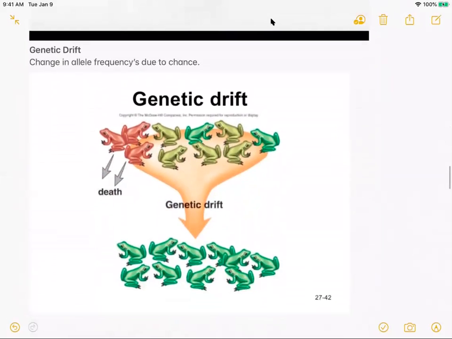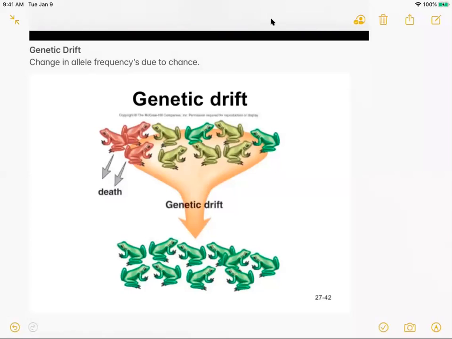Then briefly talking about genetic drift. This is a change in allele frequency due to chance. A good example of this is the bottleneck effect. Let's say you have animals in a certain environment and a natural disaster occurs. Completely randomly, this huge population of animals all of a sudden bottlenecks down to the few that are left.